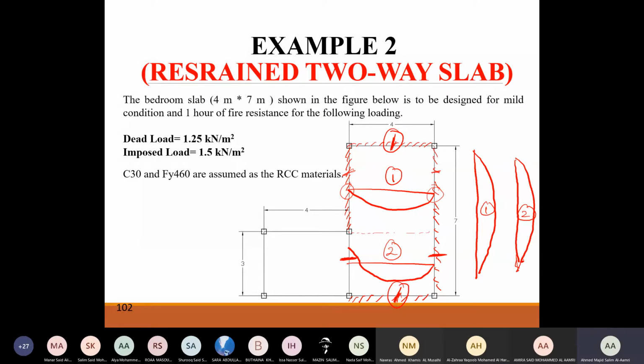But the values of case number one and case number two are not going to be the same, because the values of Y depend on the cases of X. If your value of X is something, it will give you a corresponding value of Y. So the values of 1 and 2 for the Y direction are not the same. The shape of the bending moment diagram is the same, but the values are not the same.